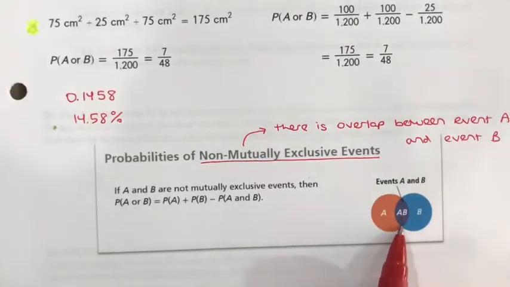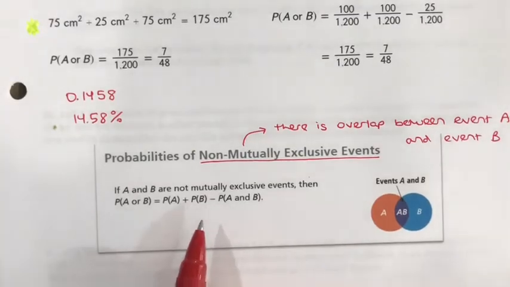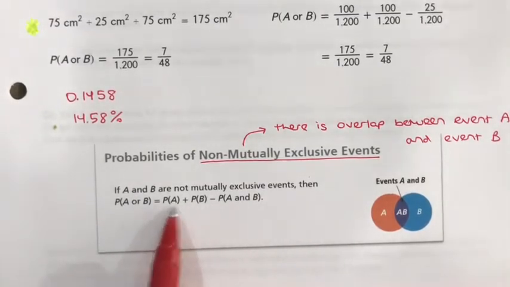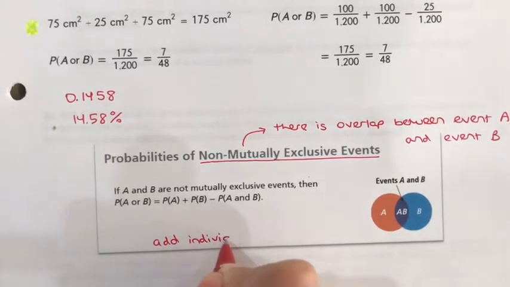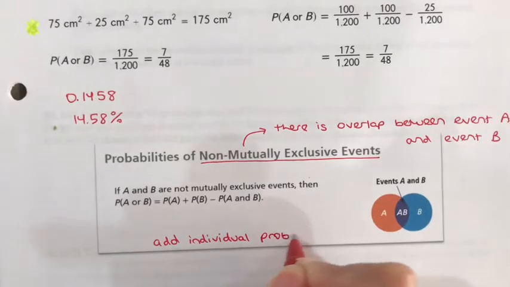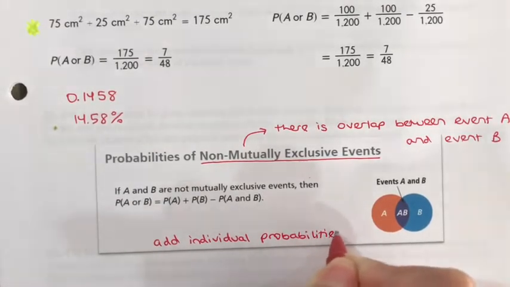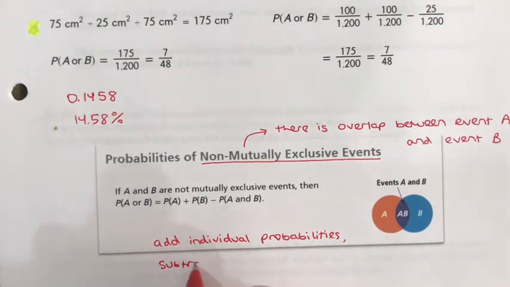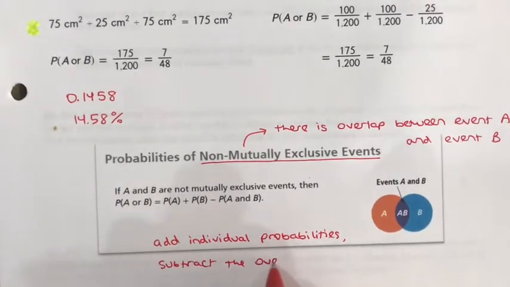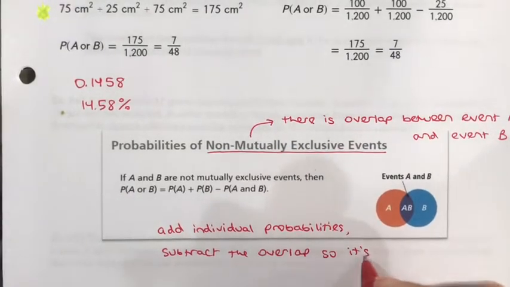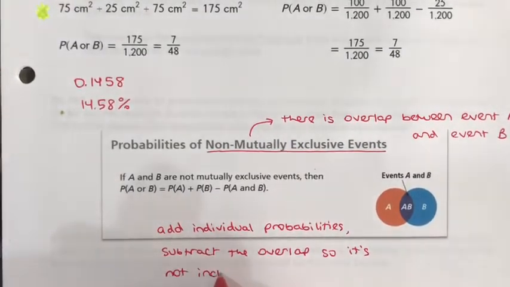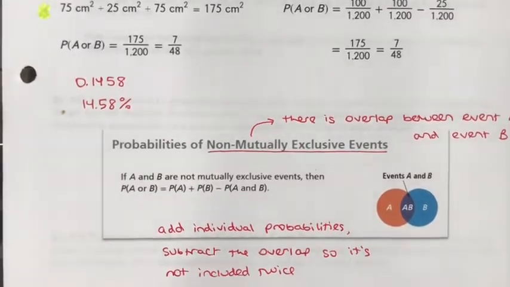Okay, so that overlap would have to be subtracted because you don't want to count it twice. Okay, so that's the key, is that you're adding the individual probabilities and subtract the overlap, so it's not included twice. Okay, so that's the key here.